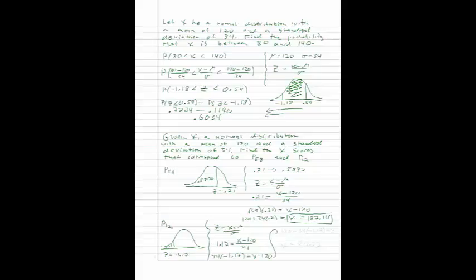So I get 120 plus 34 times negative 1.17 is x. So what will that give us? 120 plus 34 times negative 1.17 gives us 80.22. And that'll be our best answer for that question, and that will conclude this lesson.